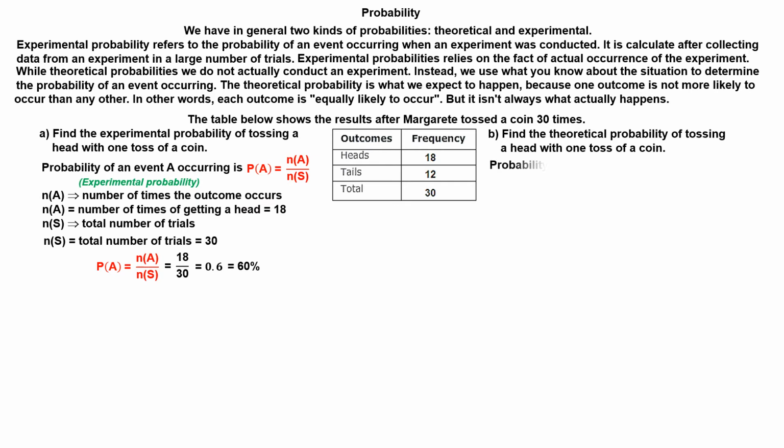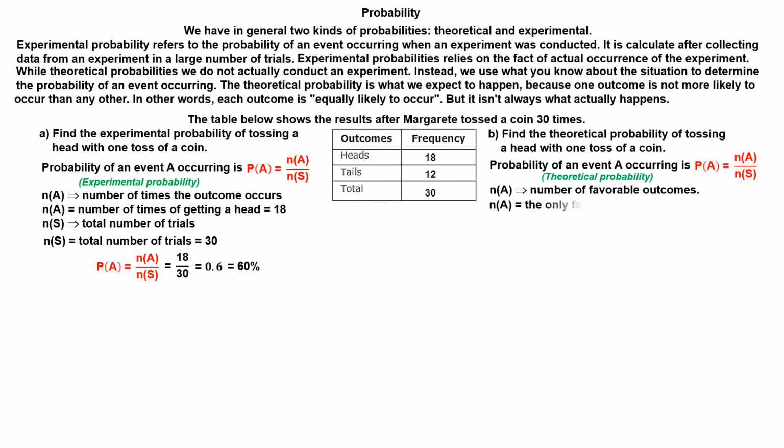The formula to calculate the theoretical probability is the same as experimental probability, but the meaning is different. NA is the number of favorable outcomes. In this example, the only favorable outcome is a head, 1. And NS is the number of all possible outcomes.